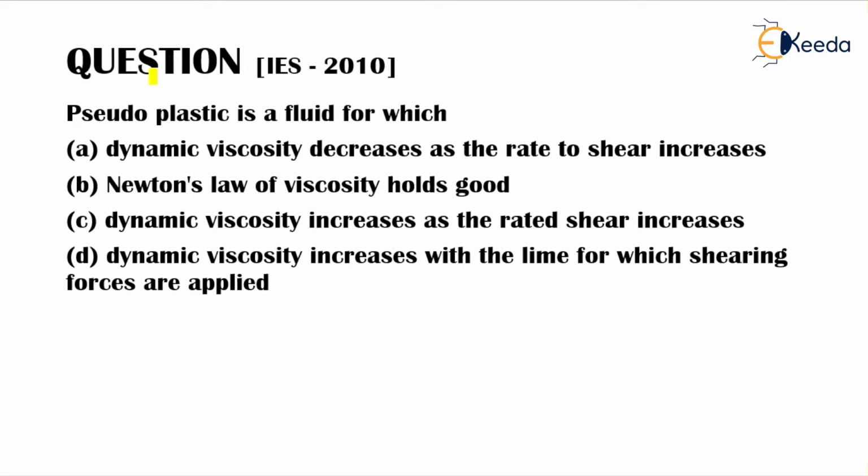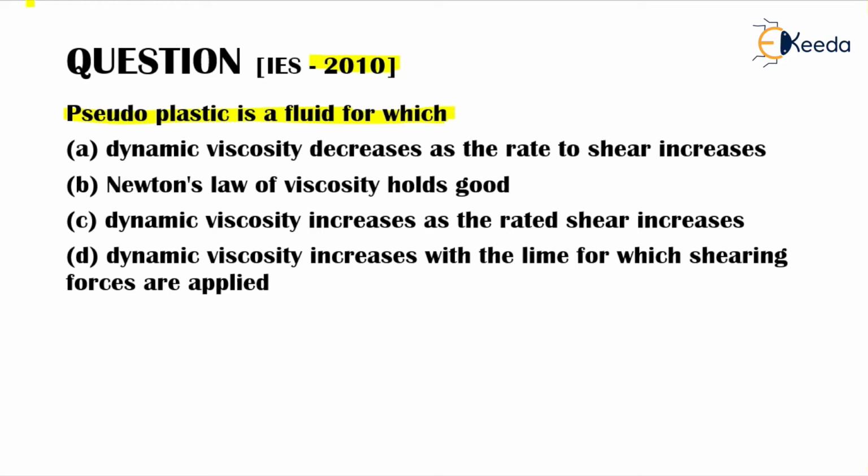Now from Engineering Services 2010, dynamic viscosity decreases as the rate of shear increases. They are asking for pseudoplastic is a fluid for which... So remember the diagram for pseudoplastic.